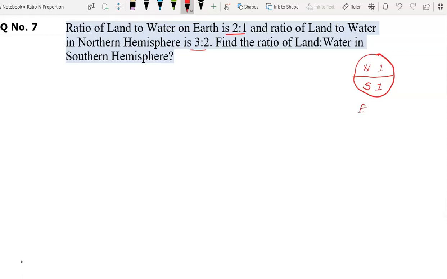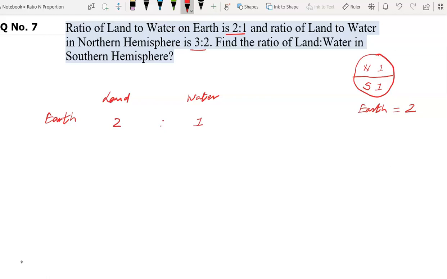So earth will be how much? North plus south, 1 plus 1 will be 2. So in this question it's given, in earth the ratio of land to water is 2:1. So land and water is 2:1.